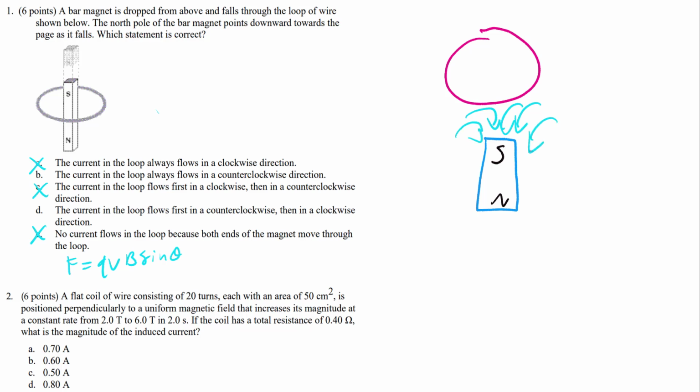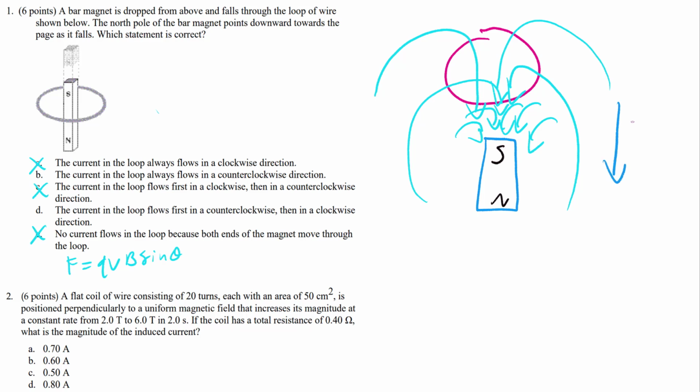So that means that there had to be field lines going here as well. And notice something. Notice that as we continue to go downwards, our velocity continues to go downwards, you're going to have less and less of a field line through the loop.